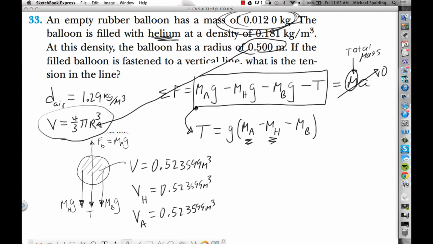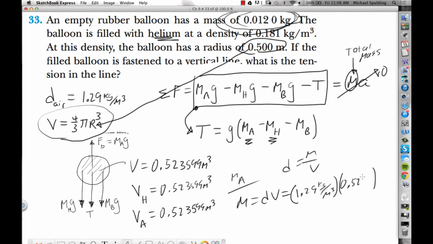So now how do we get the masses? Well, to get the mass of the air, take the density equation. Density is mass over volume, so mass is density times volume. We have the density of air, 1.29 kilograms per cubic meter, multiplied by the volume, 0.523599 cubic meters.